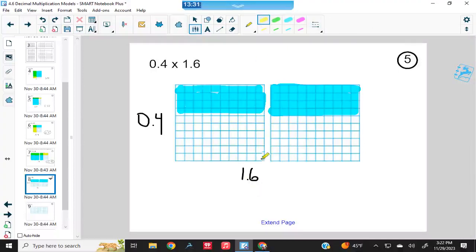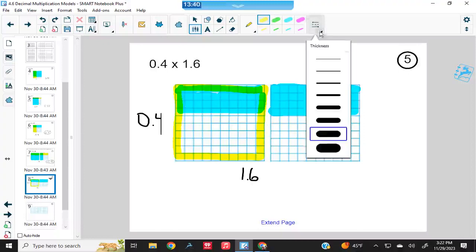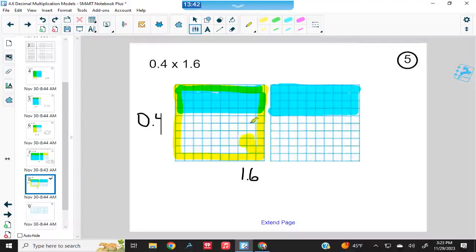I'm going to do 1 and 6/10. So I know that I'm going to cover the whole thing in this first one. Make it bigger real quick. And now I have 6, 3, 4, 5, 6.